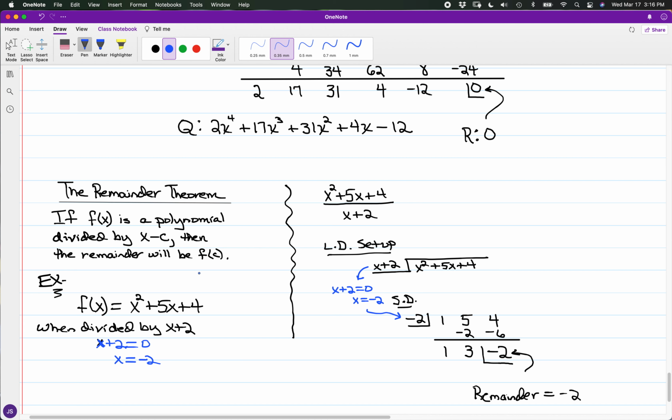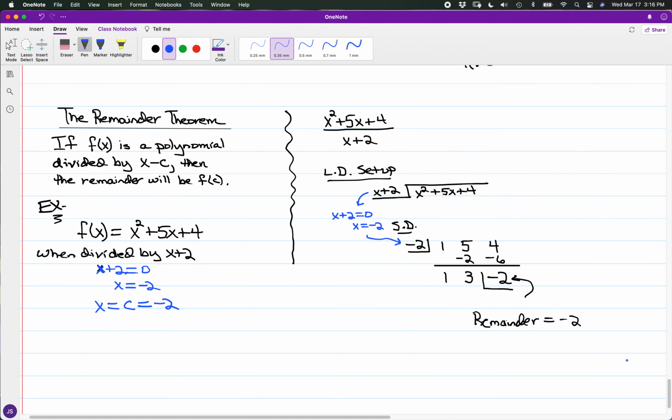Where that f of c comes in, x is equal to c is equal to negative 2. With the remainder theorem, the remainder is equal to f of c. Well, what is c? c is the 0 of x plus 2. So that is going to be f of negative 2.